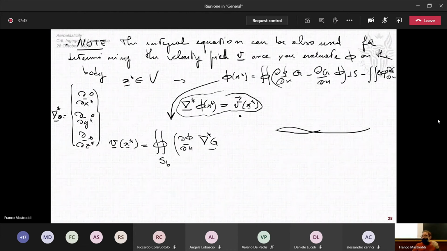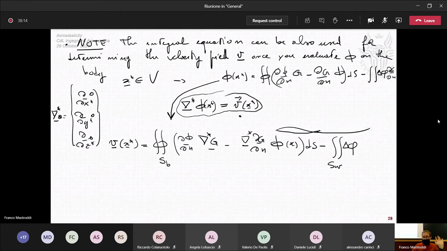And this is analytic, remember, minus applied here, and this is analytic. Phi, which is a function of x, this is star, excuse me, star, function of x, ds minus integral on s wake of delta phi, absolutely not affected by the derivative, and then here we have again the gradient of the g on the n.